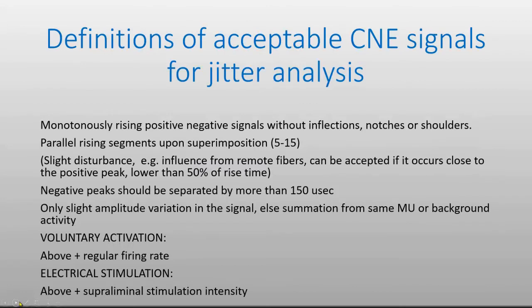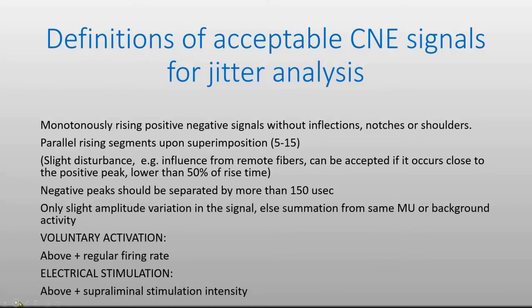A few definitions of acceptable signals. This is more important than with single fiber recording, which is simpler and easier to get clean signals with. The signals with the concentric needle are monotonously rising positive-negative signals without inflections, an important point, without inflections, notches or shoulders.